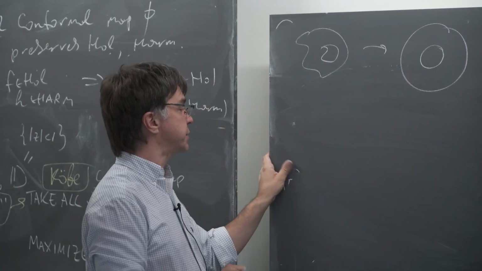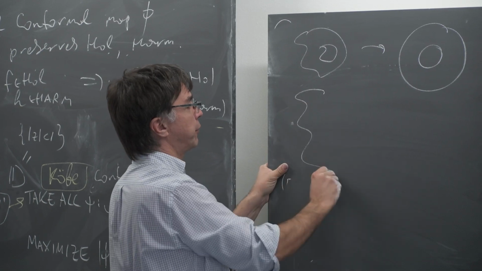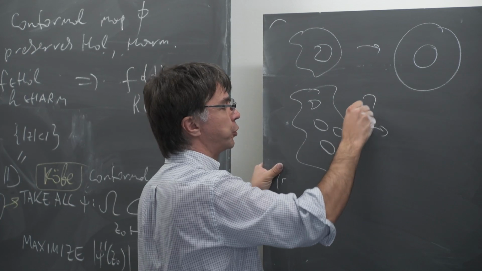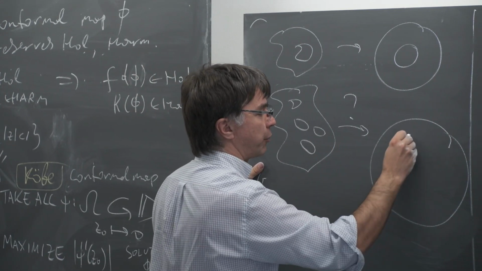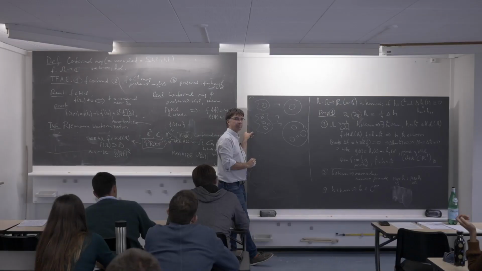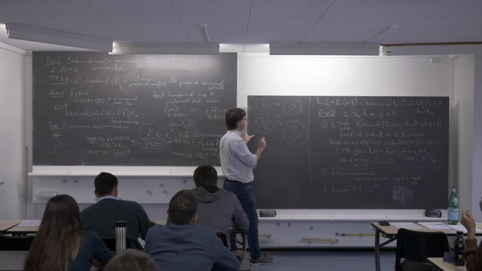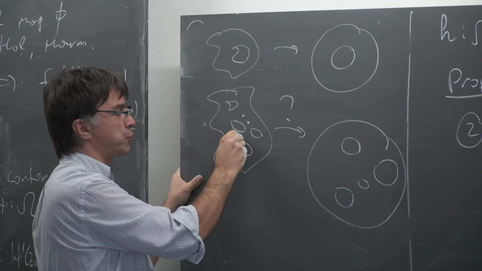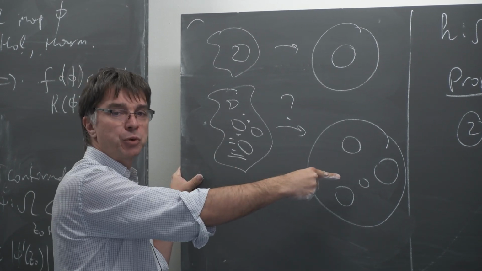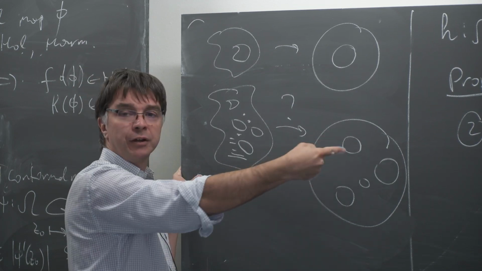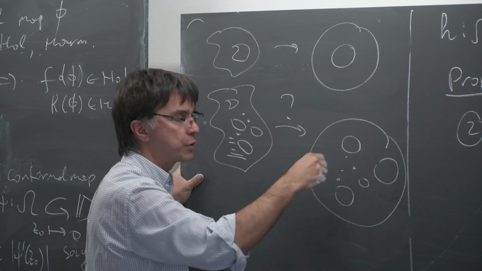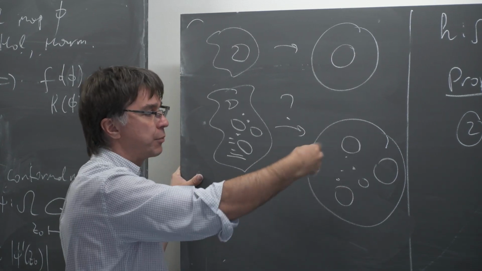And the question is, if you have a domain with many holes, can you map it to a domain with round holes? Can you map everything to Swiss cheese? Now, you should be careful that if there are infinitely many holes, for example, a Cantor set of holes, then of course some of the images will not be disks because you can have only countably many disks. Some of the images will be points. So can you always map it to a disk minus disks and points?